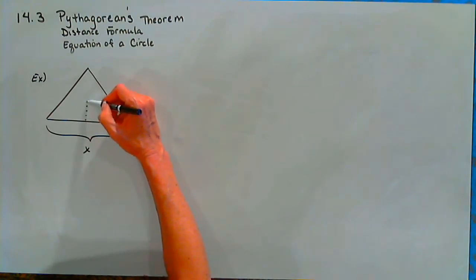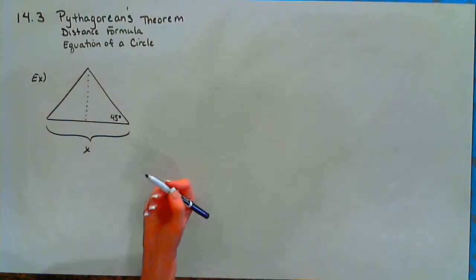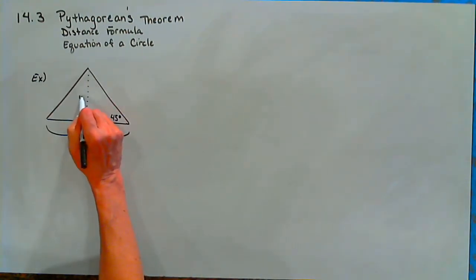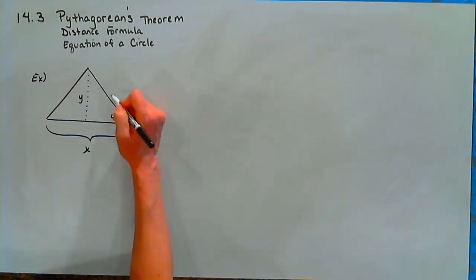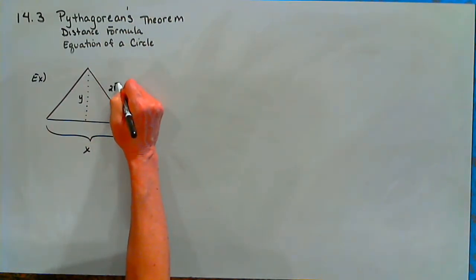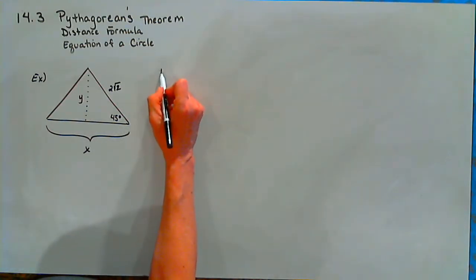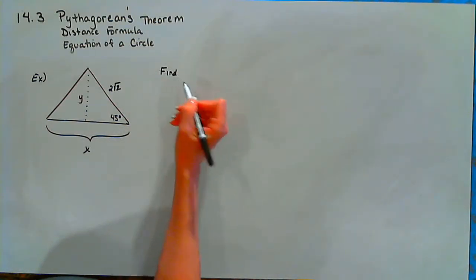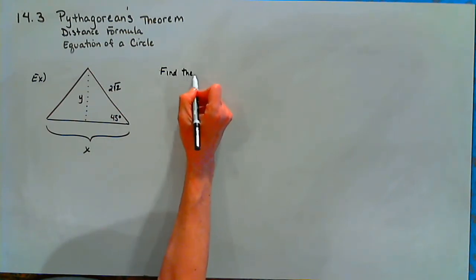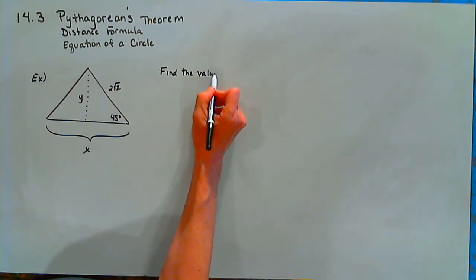The altitude or the height is y. And all I'm going to tell you is that this is 2 root 2. So what I would like you to do is, based on that triangle, based on given information, find the values of both x and y.